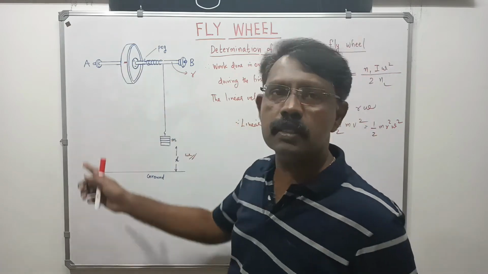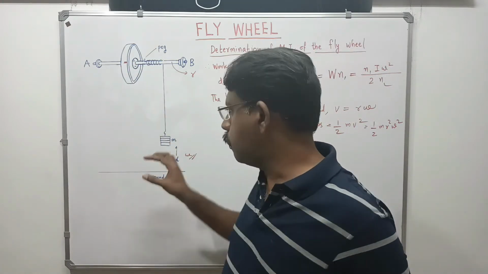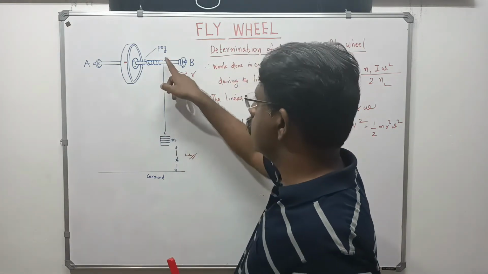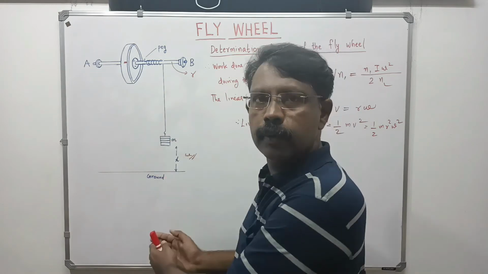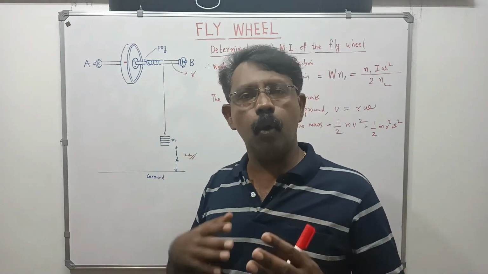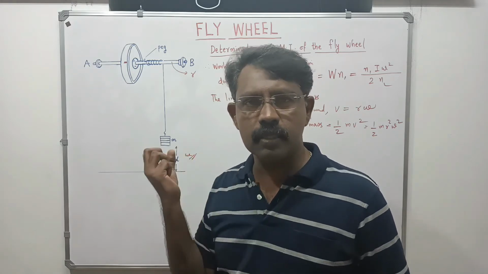All these things are happening just because I am releasing the mass. ഞാൻ മാസ് റിലീസ് ചെയ്യുമ്പോഴാണ് ഈ കോഡ് അൺവൈൻഡ് ചെയ്യുന്നതും ഇത് കറങ്ങുന്നതും ഇത് താഴേക്ക് വരുന്നതെല്ലാം. So we can see that all these processes are happening just because I am releasing the mass.